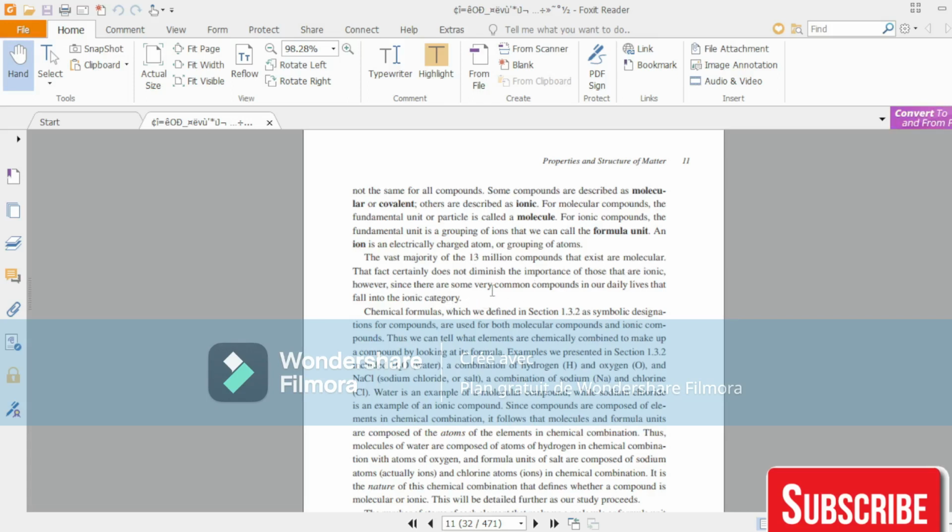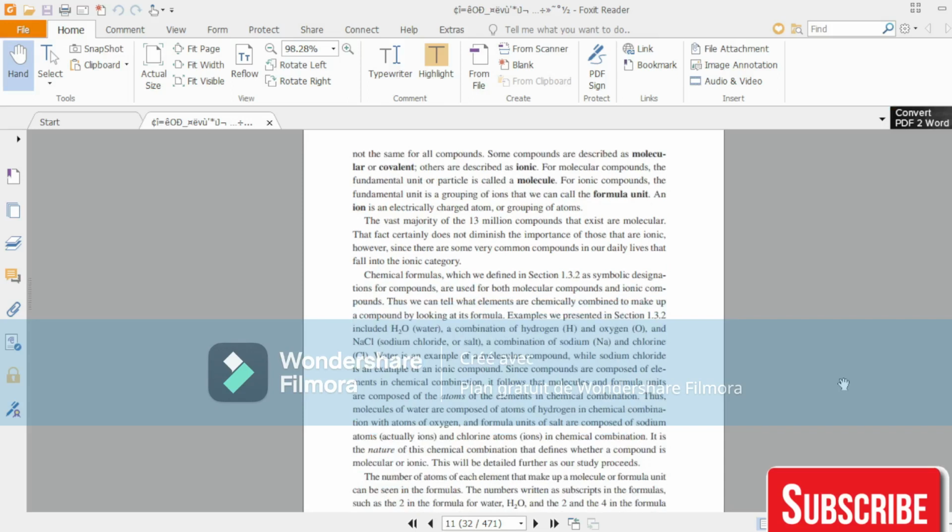The vast majority of the 13 million compounds that exist are molecular. That fact certainly does not diminish the importance of those that are ionic. However, since there are some very common compounds in our daily lives that fall into the ionic category, chemical formulas, which we defined in section 1.3.2 as a symbolic designation for compounds, are used for both molecular compounds and ionic compounds.